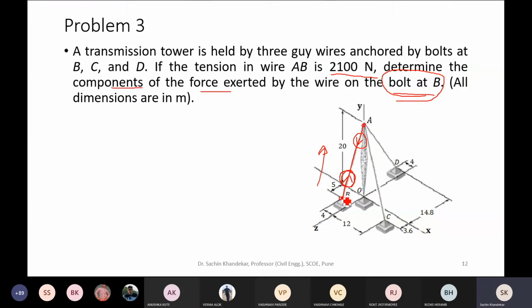In short, we have to consider the nearest direction.